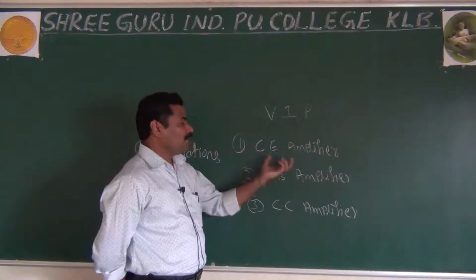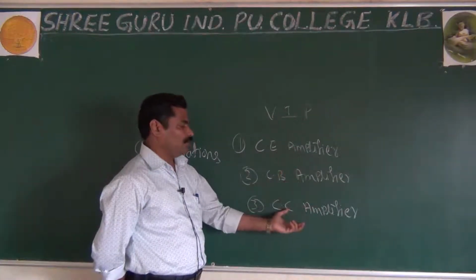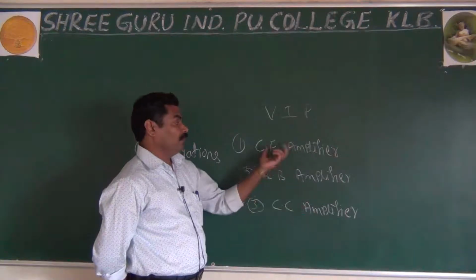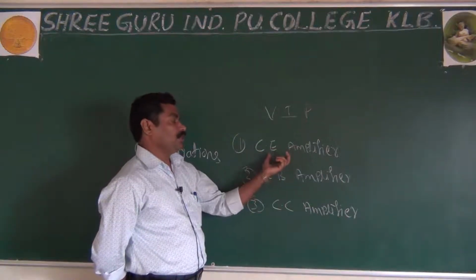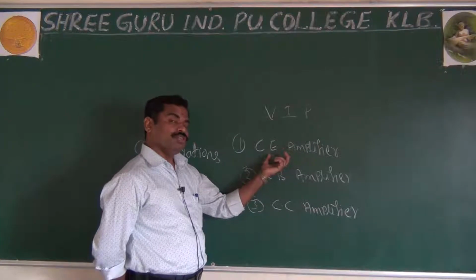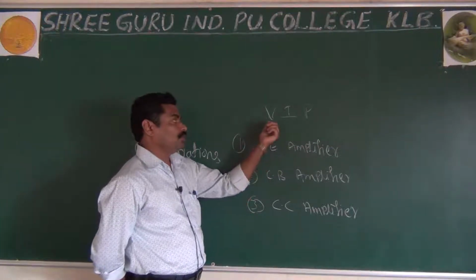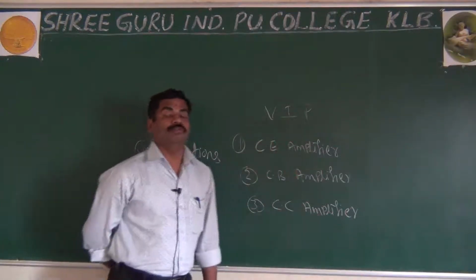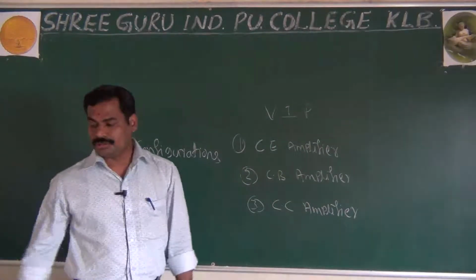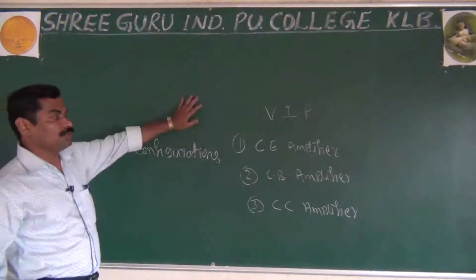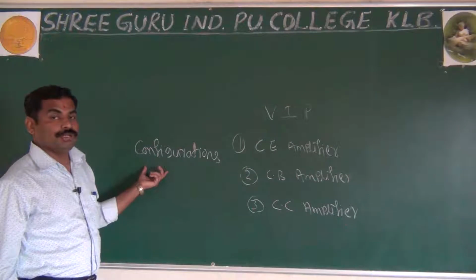It means as compared to the common base and common collector amplifier, why do you prefer the CE amplifier? Because in the CE amplifier you are getting more voltage gain, more current gain, and also more power gain.